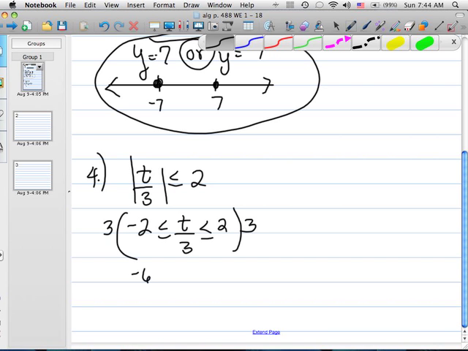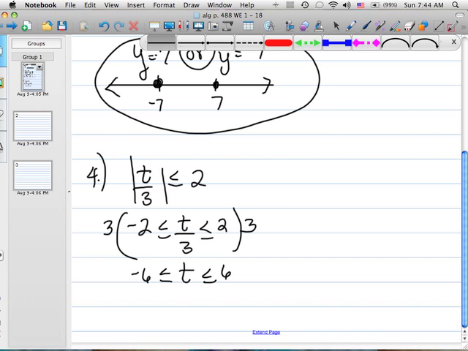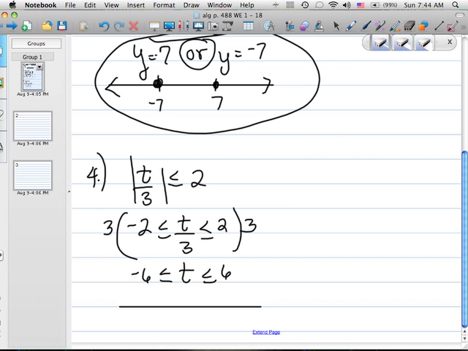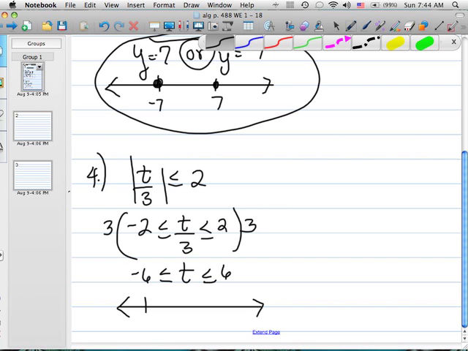So we get negative 6 is less than or equal to t is less than or equal to 6. So we're going to find t between two numbers, Russian elbow. So we put negative 6 and 6, solid circle at both, shaded in between.